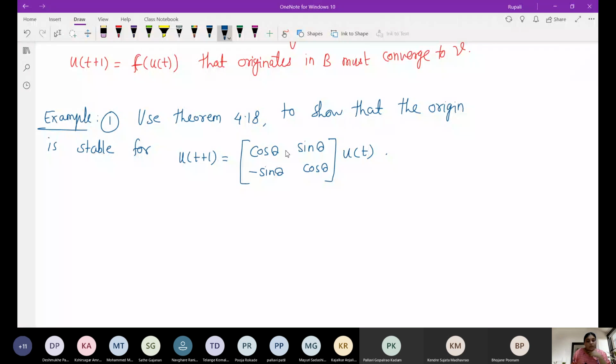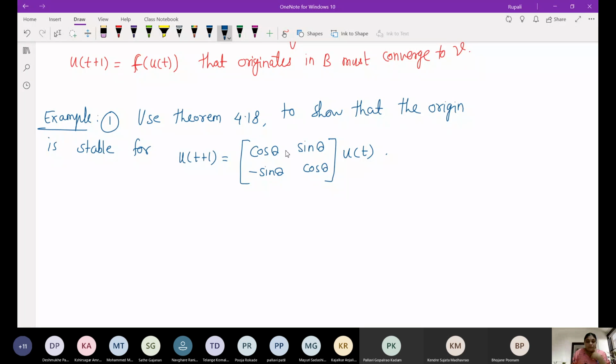So for this example we have already shown the origin is stable. How have we shown it? We calculated the eigenvalues of this matrix. This is like equation 4.4, U at t plus 1 is equal to a times ut, where a is this matrix cos theta sin theta, minus sin theta cos theta, and we found its eigenvalues and showed that the modulus of the eigenvalues is strictly less than 1.